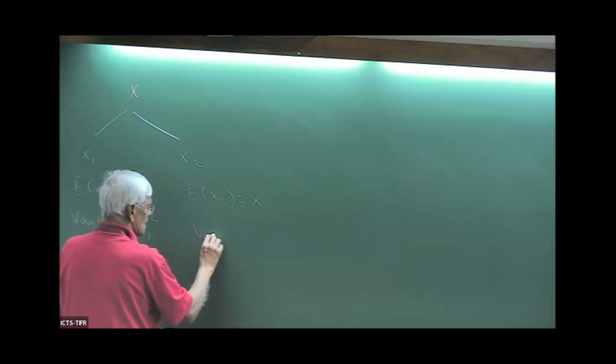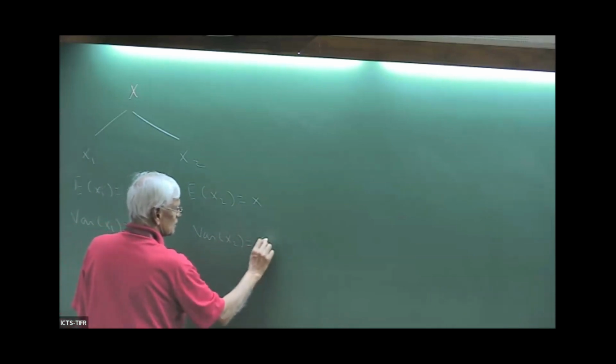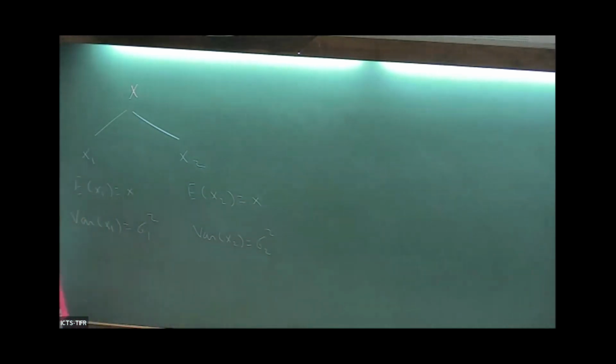The variance of X2 is equal to sigma 2 square. So given X1, X2, and the variances, and the fact that both of them have the same expectation as the original unknown. Do you see the problem?